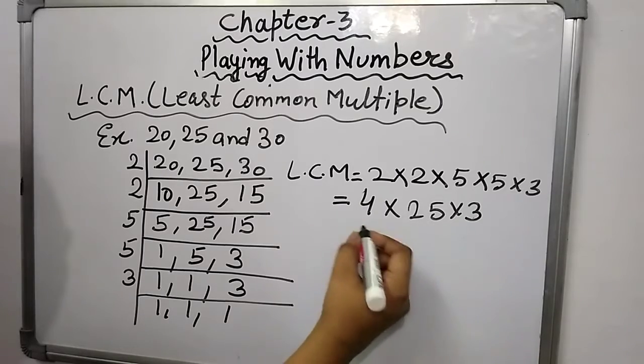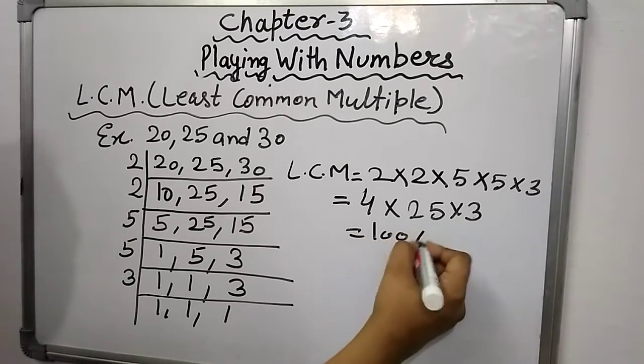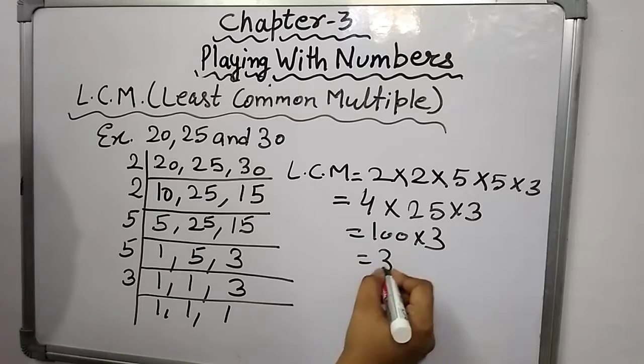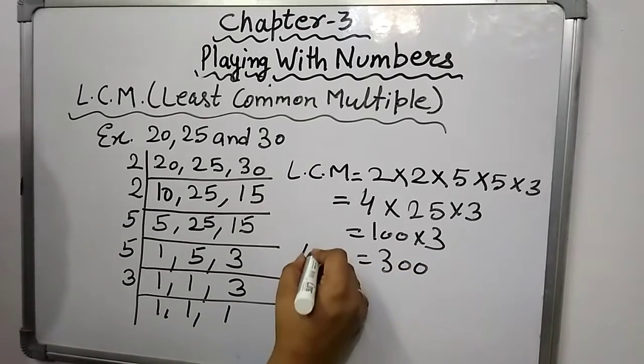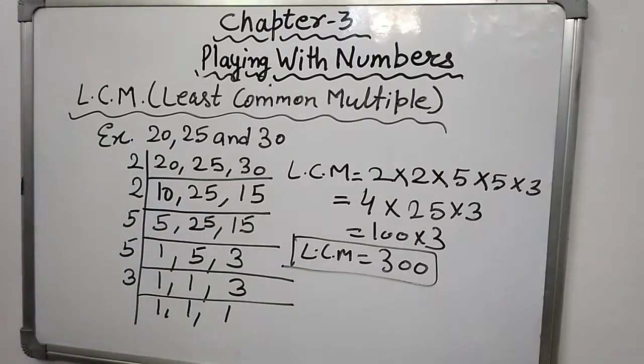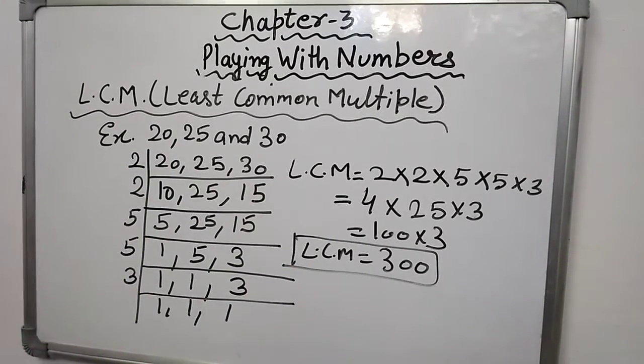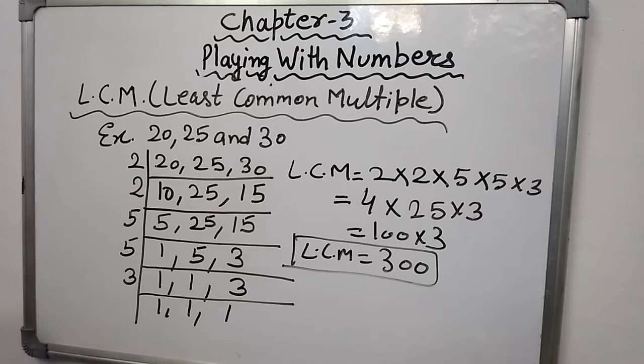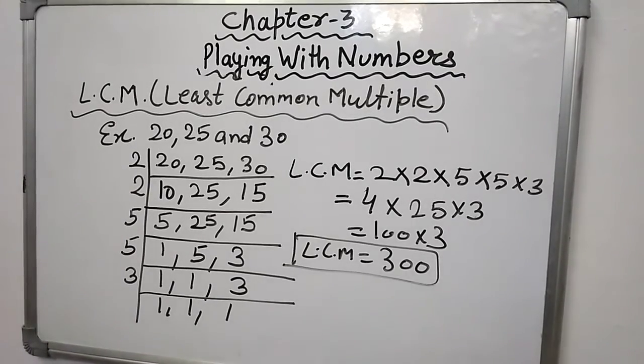When you multiply 25 and 4 you get 100, and 100 times 3 gives 300. So the LCM of 20, 25 and 30 is 300. This is the method to find the LCM of any given numbers.